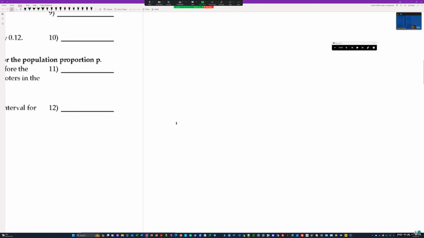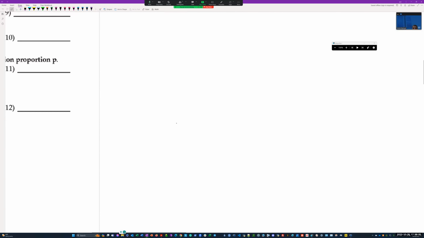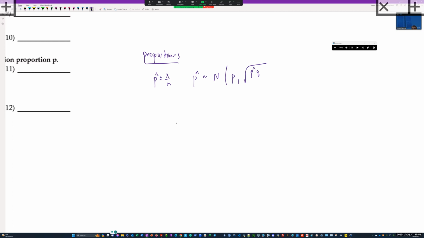Okay, so now previously we kept talking about everything about proportions in the previous section. Right? We said p hat was x over n. I started saying p hat was distributed normally with mean p and standard deviation square root of p hat q hat over n, because we don't have what p is, right?